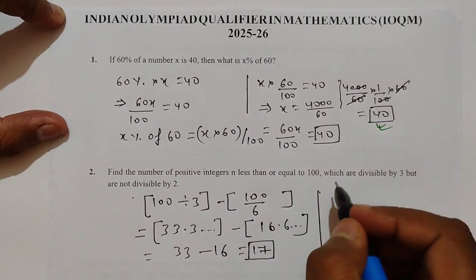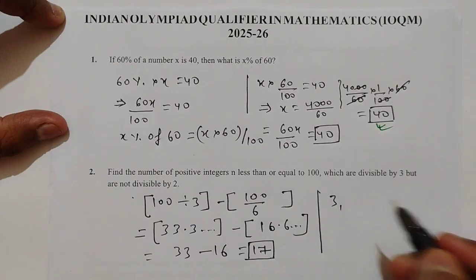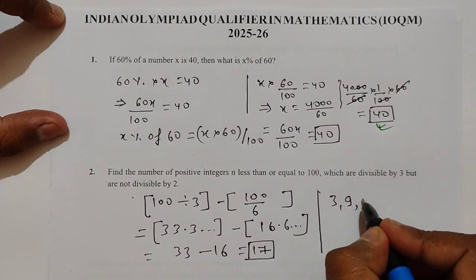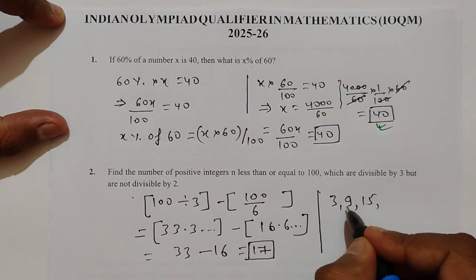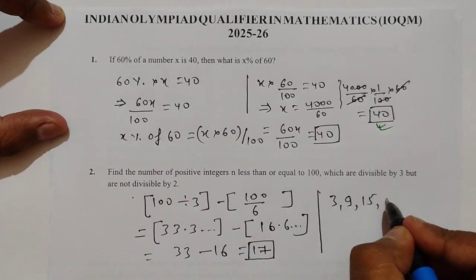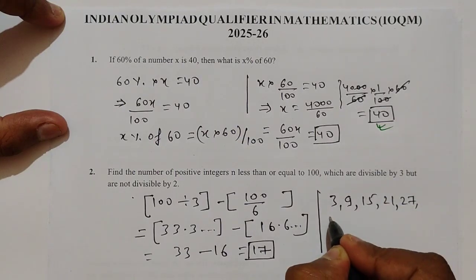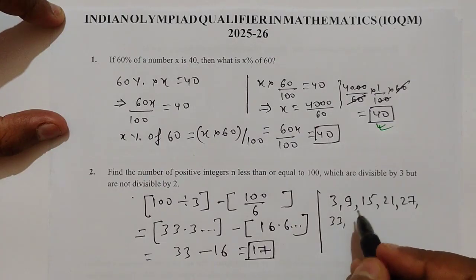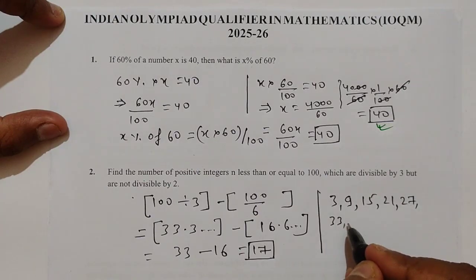So the first value is 3, the second value is 9, the third value is 15, the fourth value is 21. So we can count this like 3, 9, 15, 21, 27, 33.